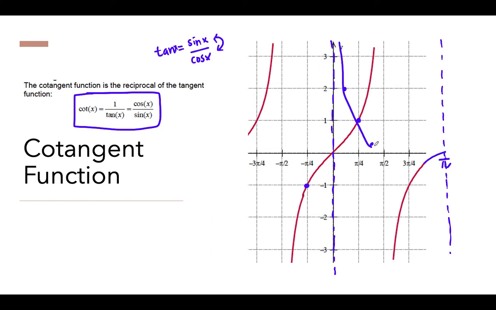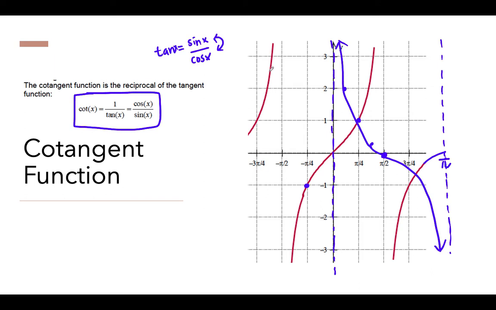As you can see, there is a vertical asymptote at pi over 2. If I take the vertical asymptote, which is undefined, and take the reciprocal of that, it actually becomes 0, because it's now going to become 0 over 1, and 0 over 1 is 0. So we have an x-intercept at pi over 2, and then the reciprocal of this one is going to turn like this.